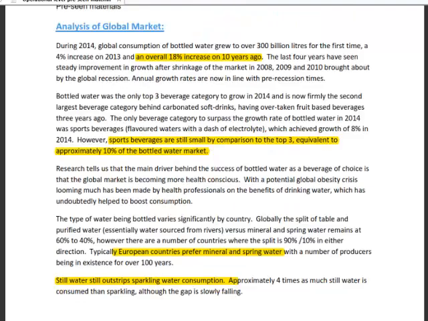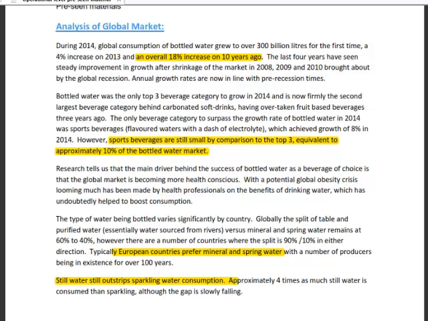Then we've got a lot of material about the analysis of the global market. We've got an overall increase over 10 years, although it's difficult to know whether that's good or bad unless you can compare it with something else. Sports beverages are still small by comparison with the top 3 beverages, 10% of the bottle market.